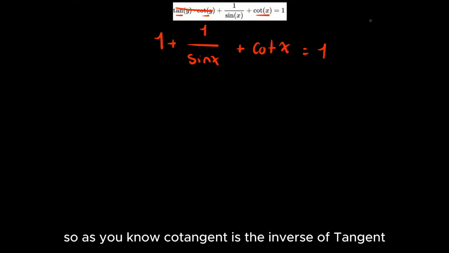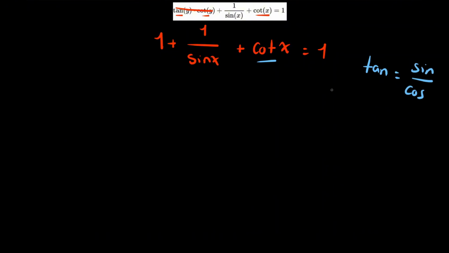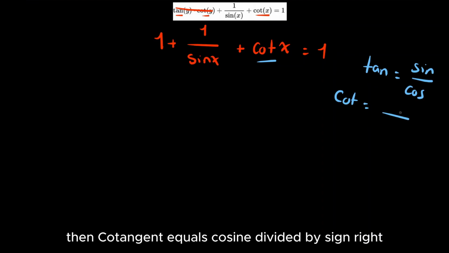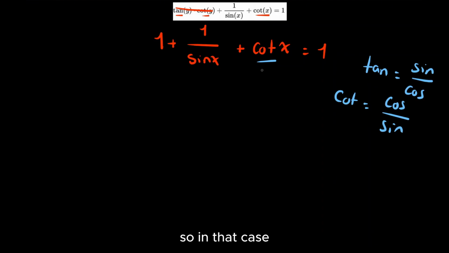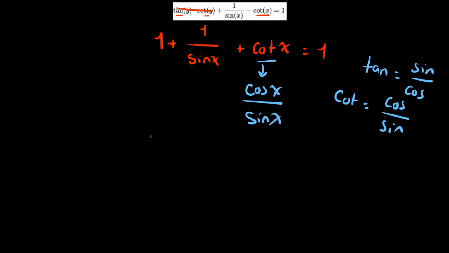Alright, so as you know, cotangent is the inverse of tangent, and since tangent equals sine divided by cosine, then cotangent equals cosine divided by sine, right? So in that case, this is equal to cosine x divided by sine x.